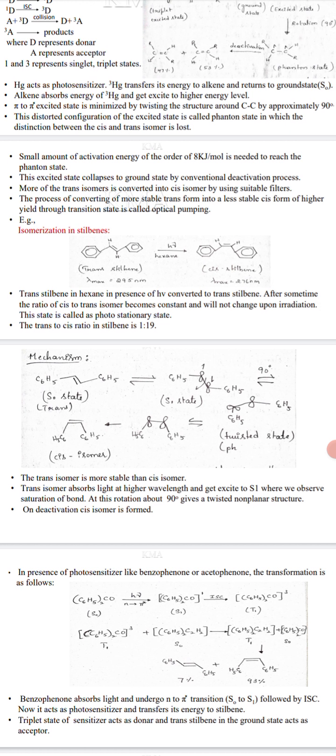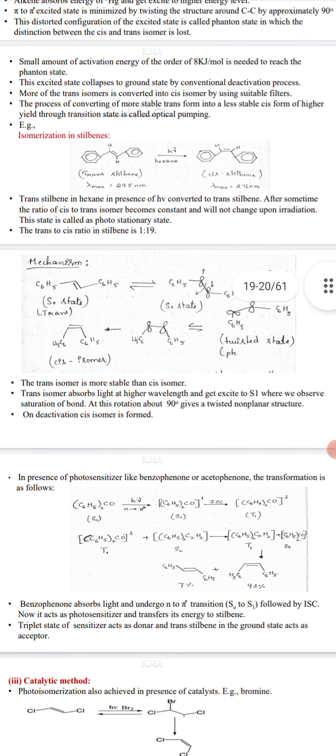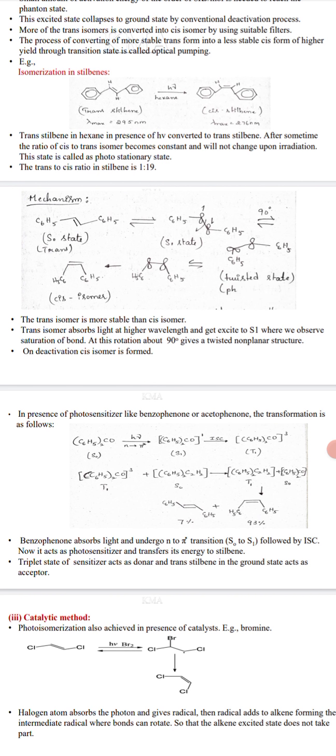So here you can see the mechanism involved in this photosensitizer. Using stilbene, the trans isomer of stilbene is taken, which is in the singlet ground state.